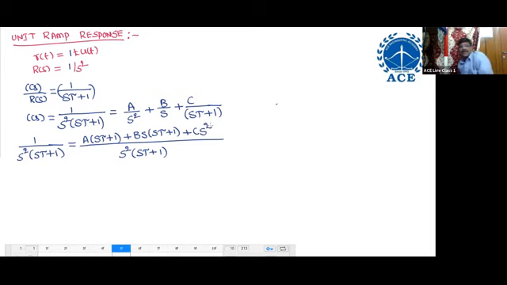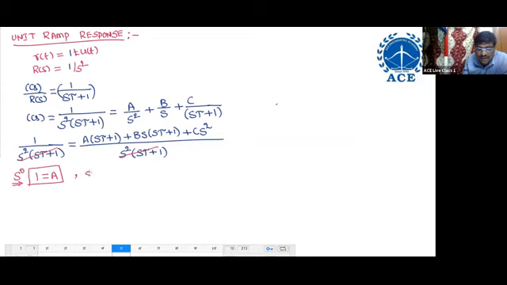Now the denominator terms both get cancelled. Then compare the S power 0 coefficient. Left is 1, right is A.